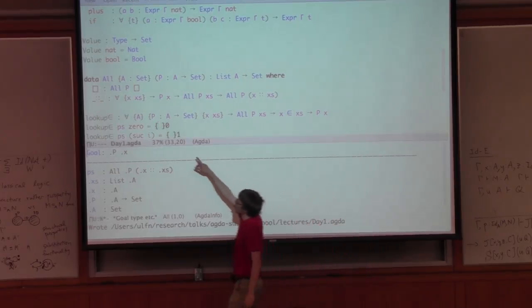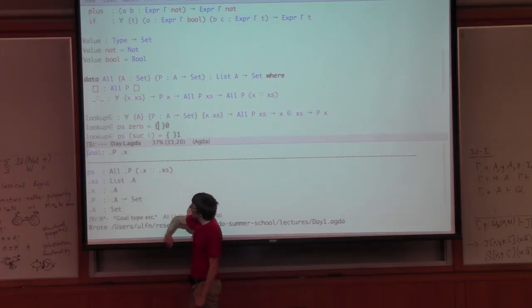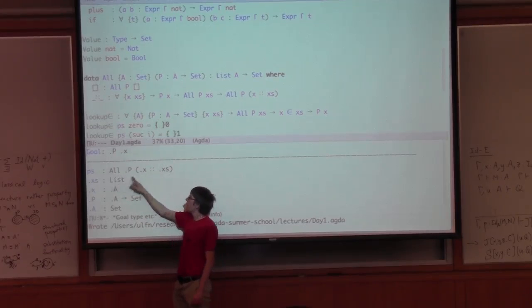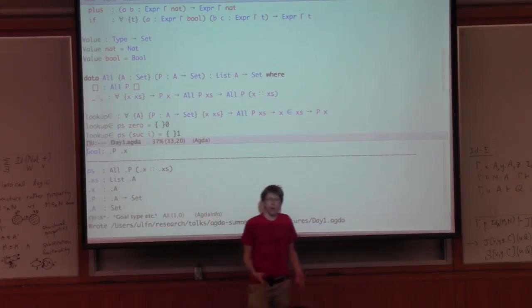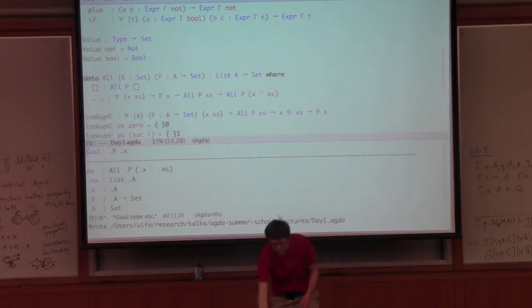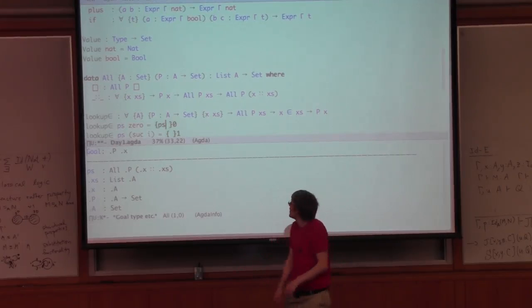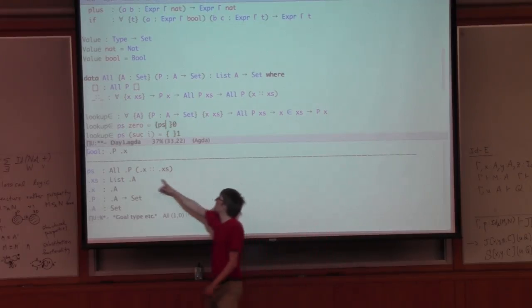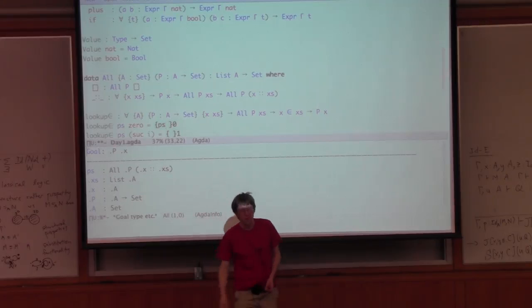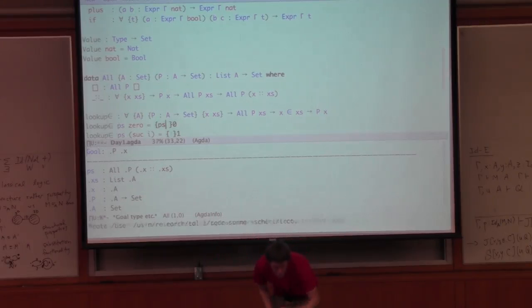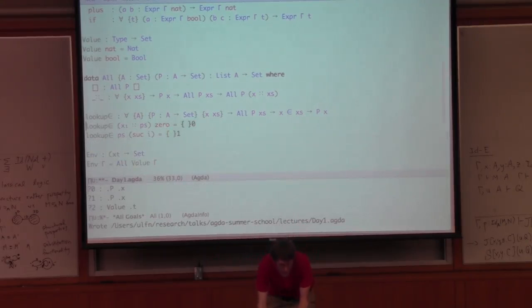So in this case, where we say, okay, the index was 0, what is Ps? Well, it has this type, right? All P X cons Xs. So when I pattern match on Ps now, there's not going to be a case for the empty list, because we know it can't be the empty case, because the index is a cons. So I pattern match on that, and it just gives me the cons case.